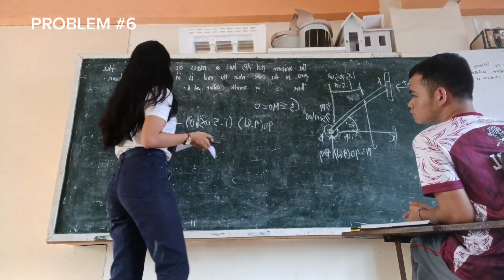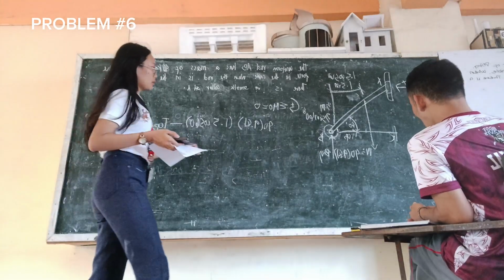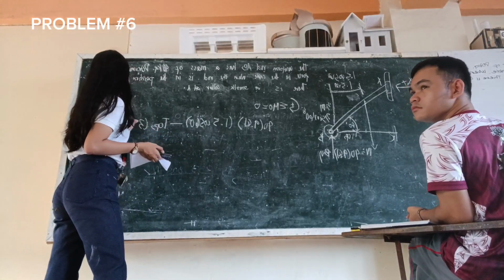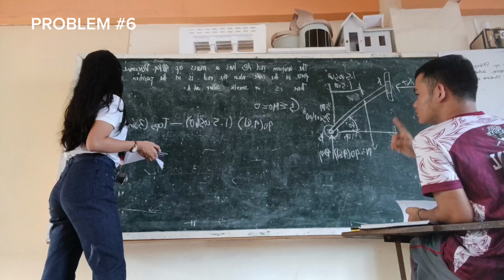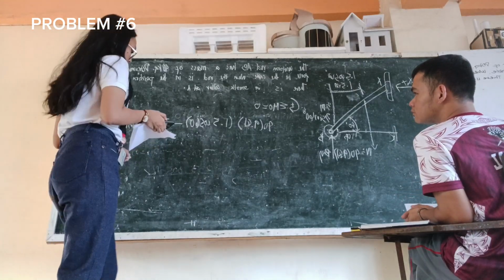So negative TCB times the length of the beam, 3 sine 60 degrees, is equal to 0.